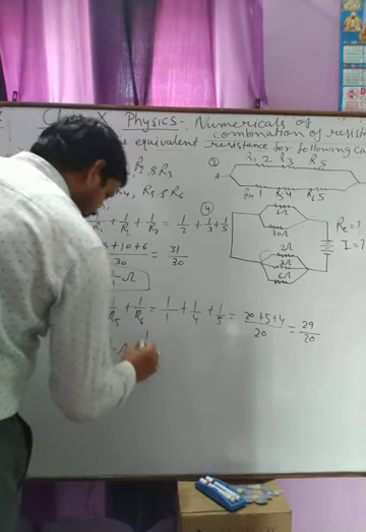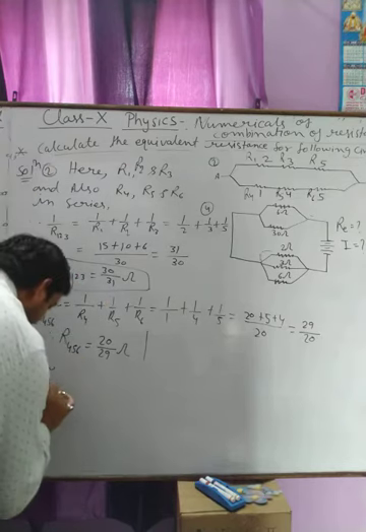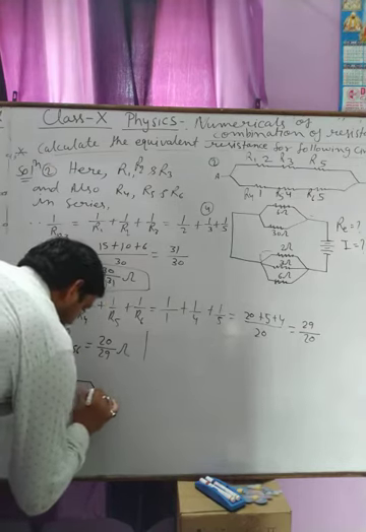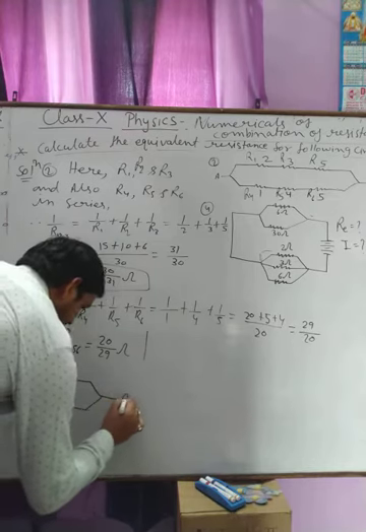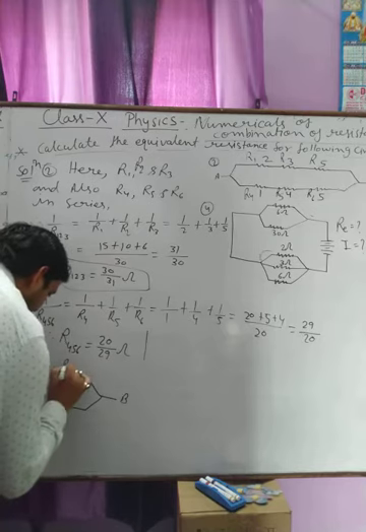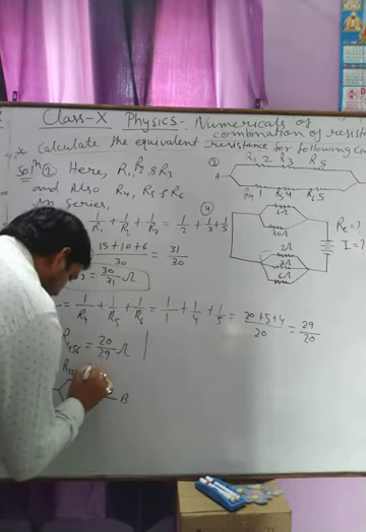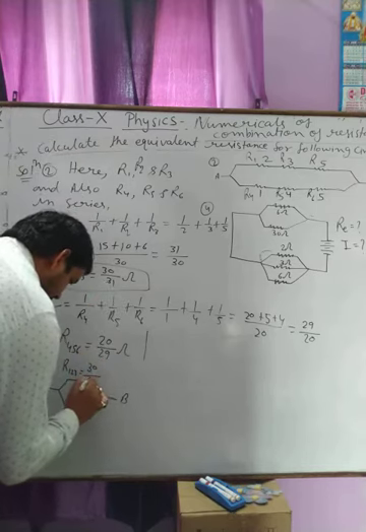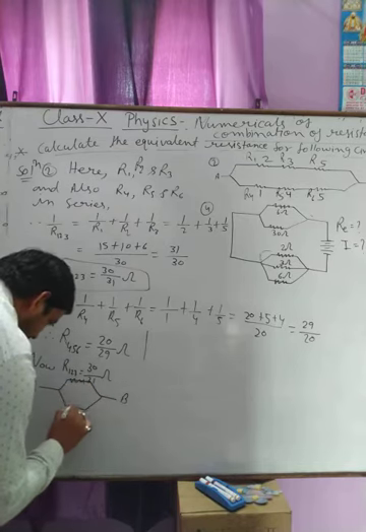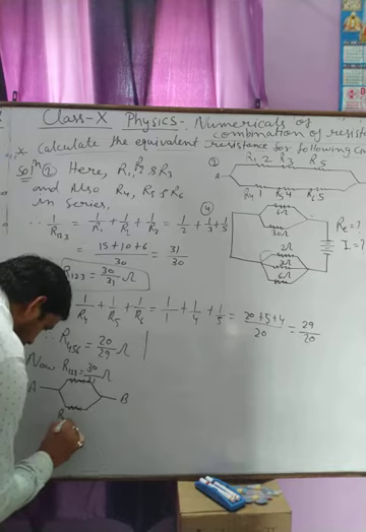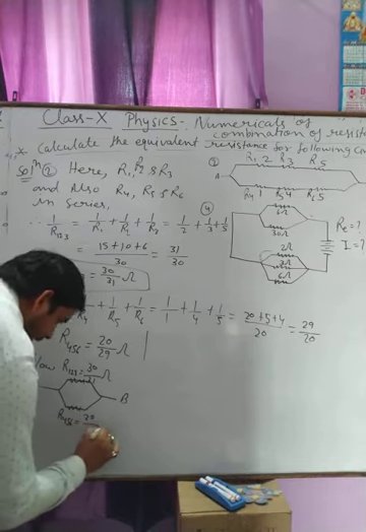Now, the circuit AB is reduced to a simple circuit from A to B, that is R123 is 30 upon 31 ohm, and this one is reduced to R456, that is 20 upon 29 ohm.